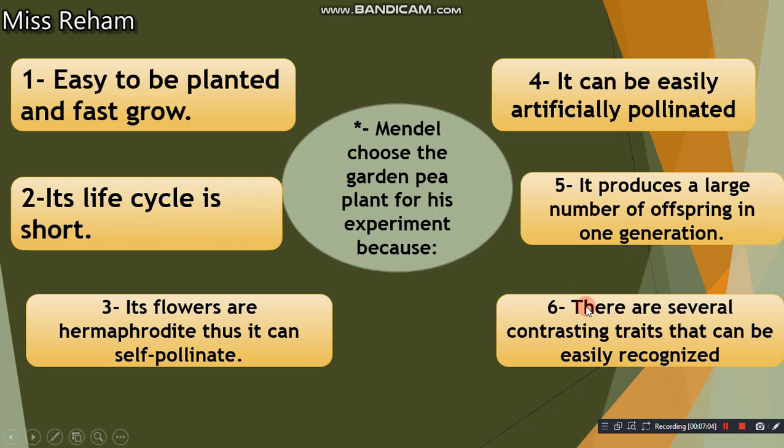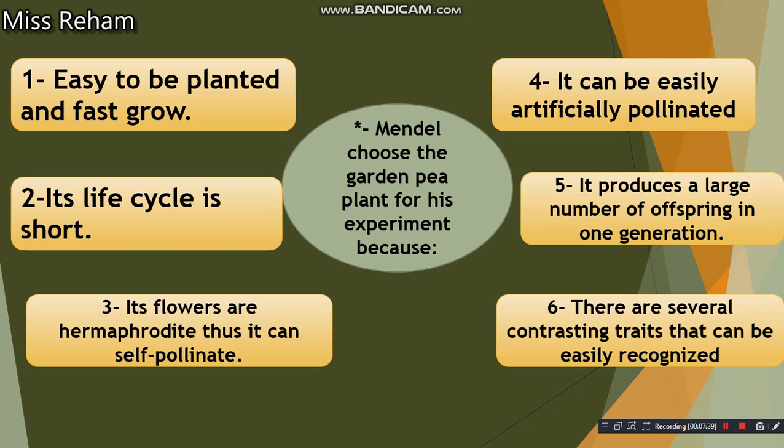Number 6, there are several contrasting traits that can be easily recognized. The contrasting traits here in pea plants are, for example, some pea plants produce red flowers and the others produce white flowers, and some pea plants produce yellow seeds and the others produce green seeds.